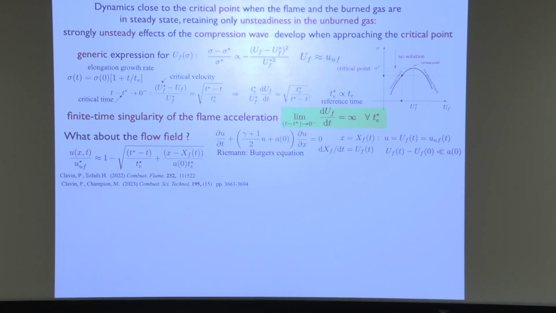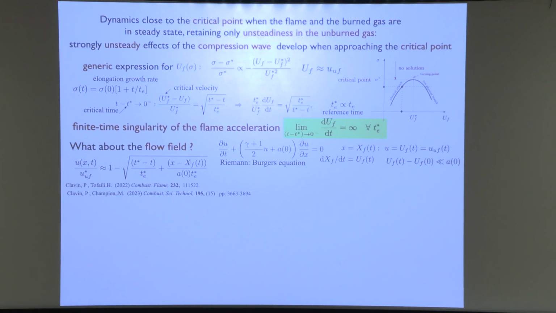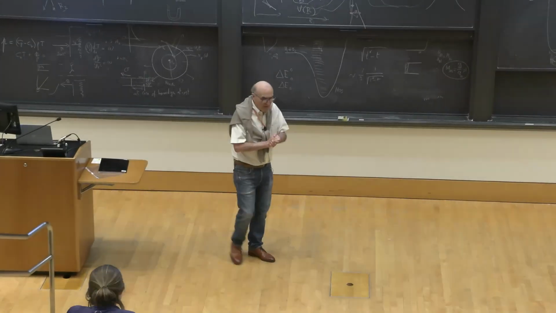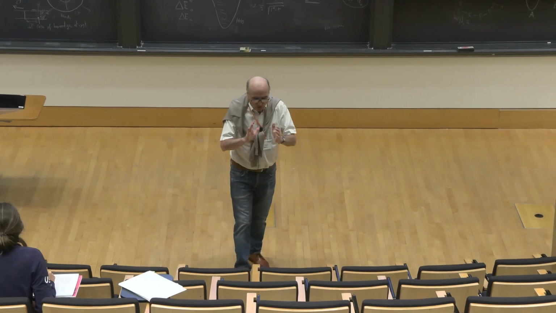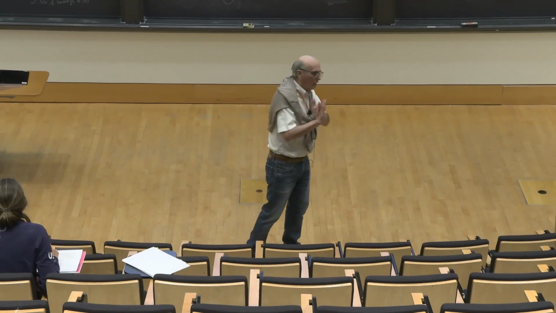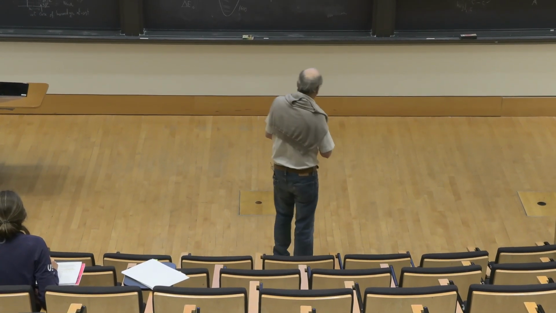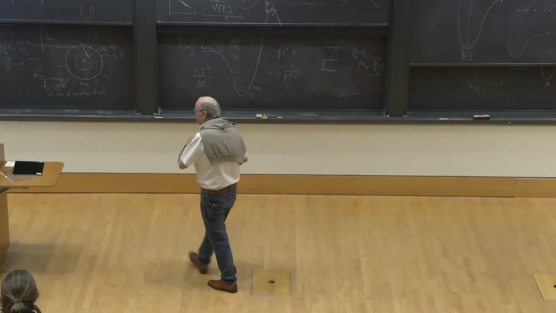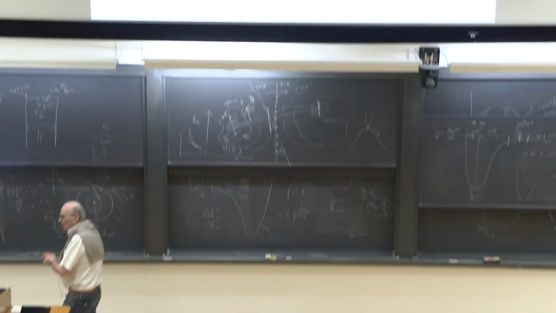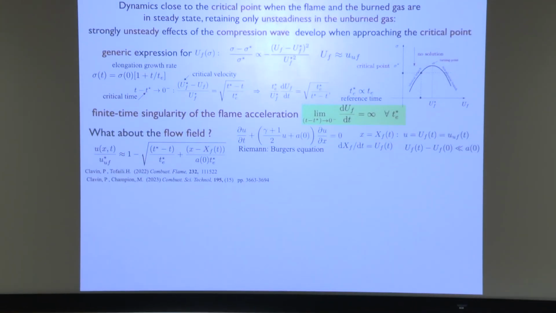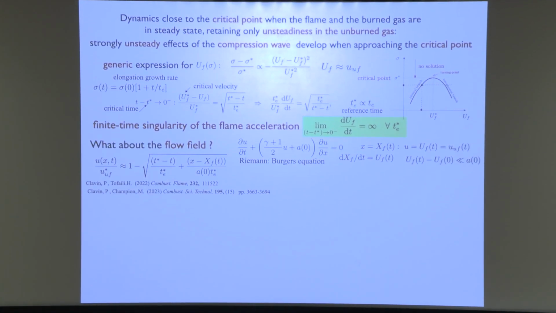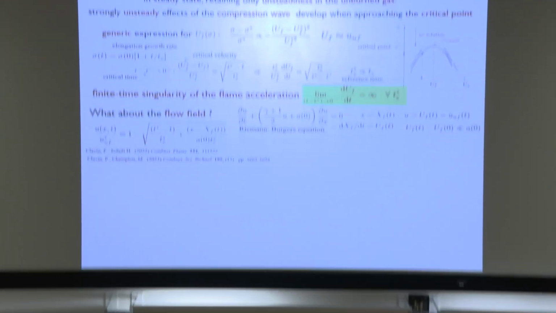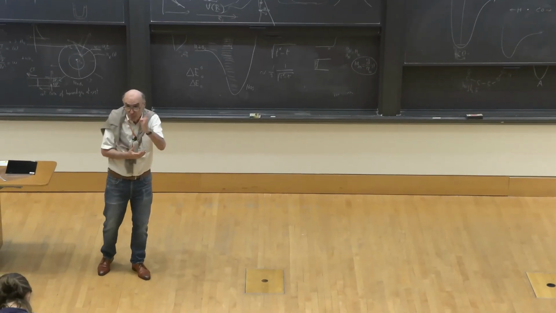Okay, in this simple analysis we take into account only the unsteadiness of the compressible flow ahead of the flames, that's all. Now, what you can do better is to look at what about the flow? I have a singularity of the acceleration of the piston, if you like.